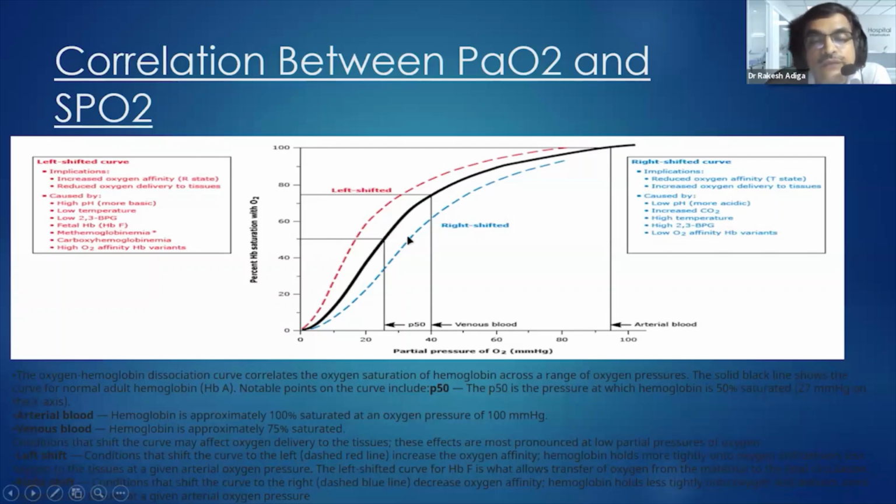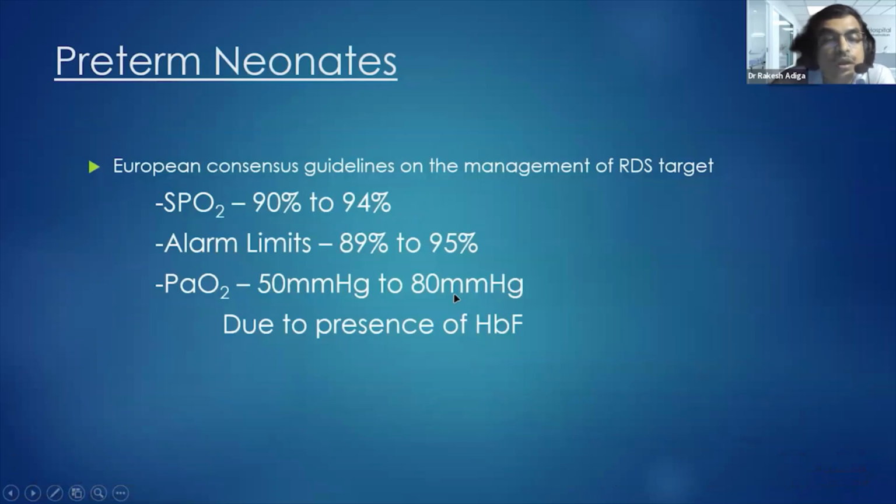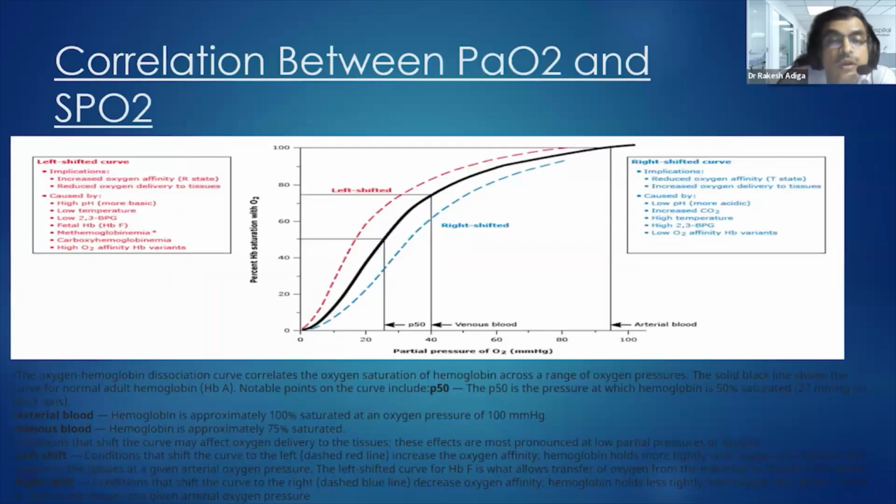So that is why we keep 50 to 80. And in carboxyhemoglobinemia, the shift of curve is to the left side.